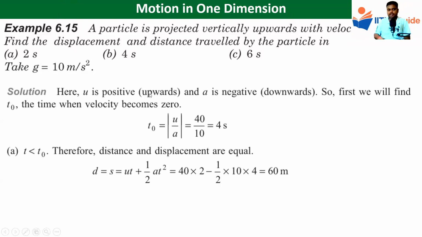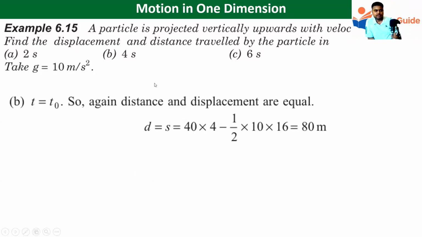So for A, it's going to be 60 meters. That's perfect. And since the velocity hasn't changed its direction, distance is going to be equal to displacement. For 4 seconds, it's going to be 8 meters.